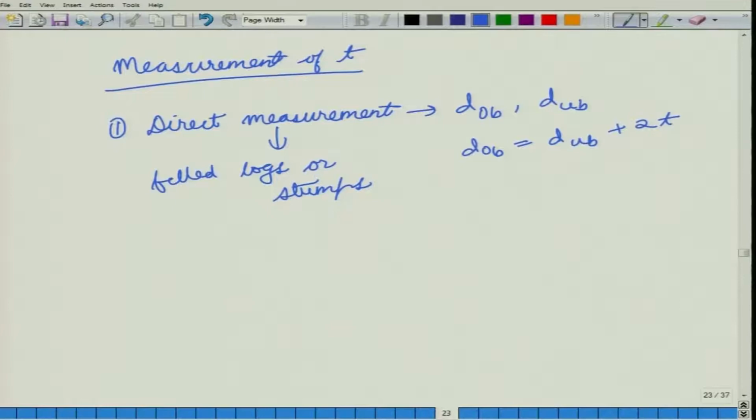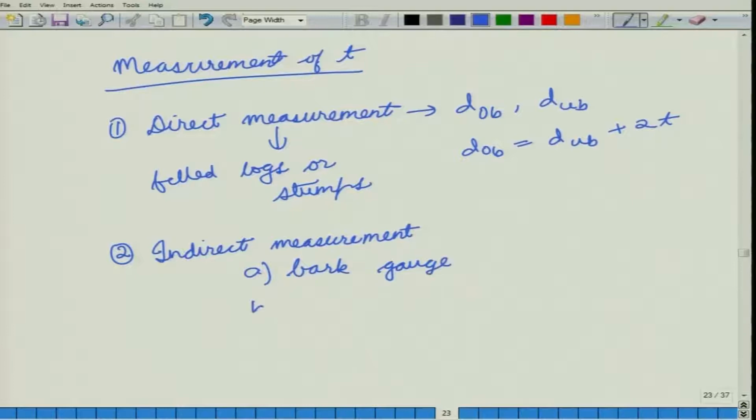In other cases, we might go for an indirect measurement. Indirect measurement can be had using an instrument such as a bark gauge or a bark probe, or we might measure it using a bark function or relationship.